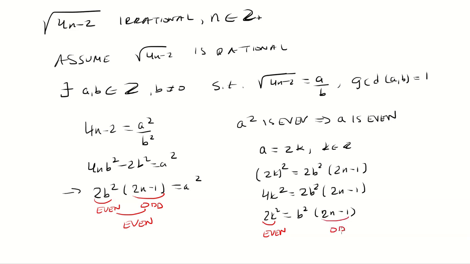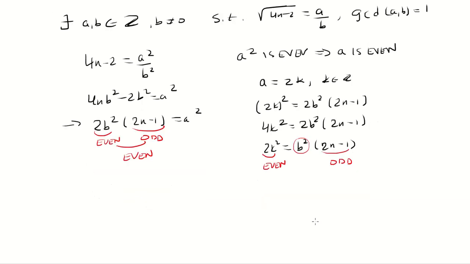This is odd because 2n is even, minus 1 is odd. So this has to be an even number, because what multiplied by an odd number is even? Well, that has to be even. So this means that b squared is even, so b is also even.